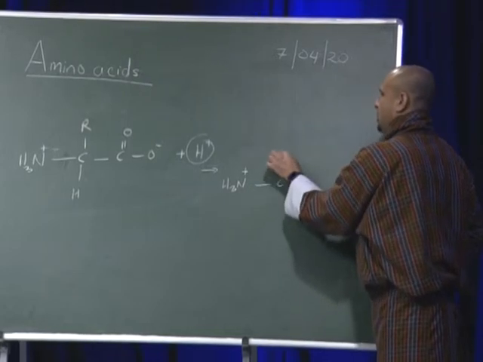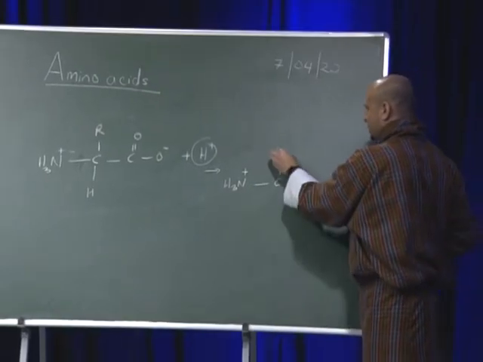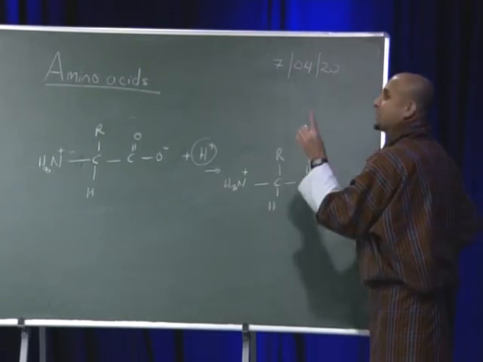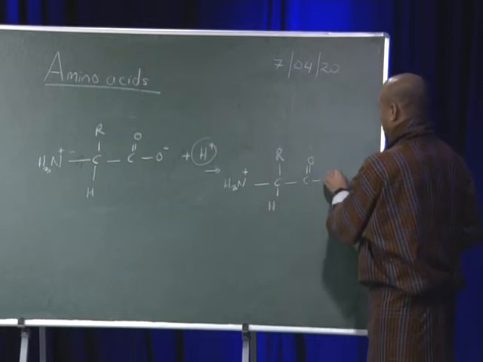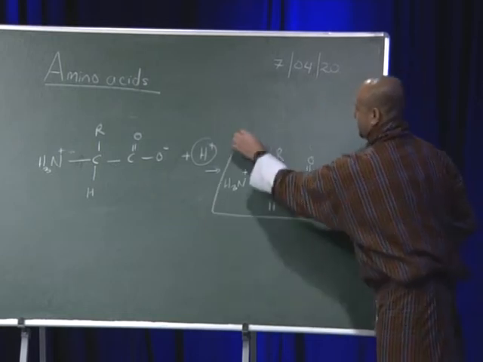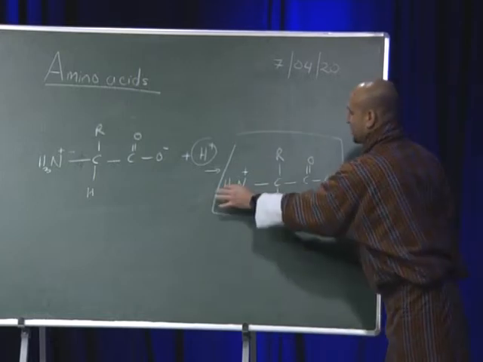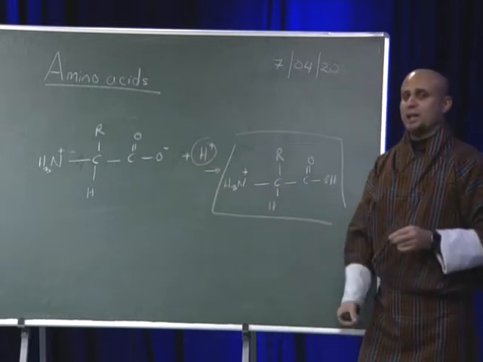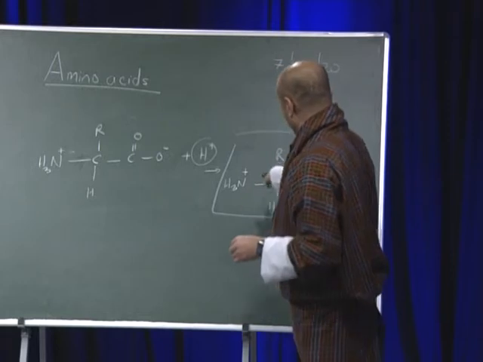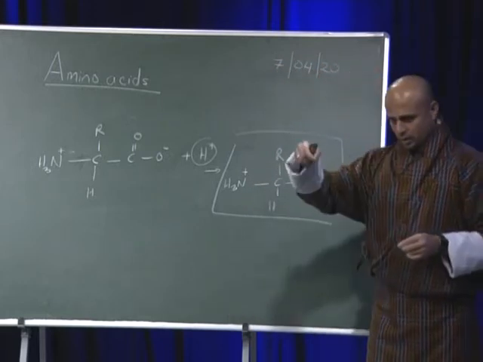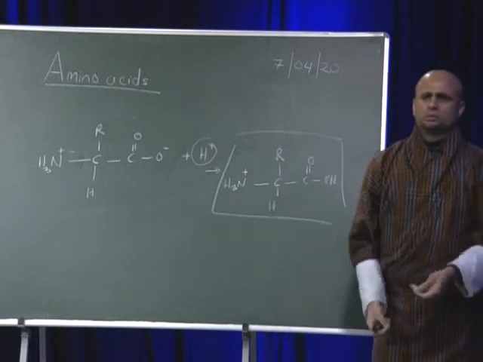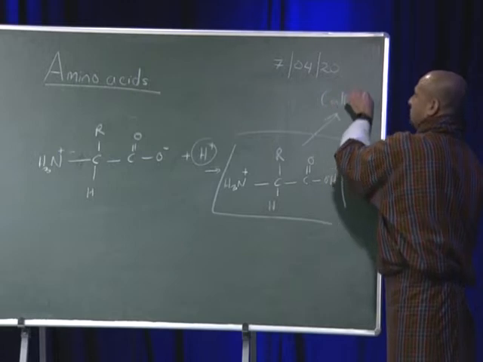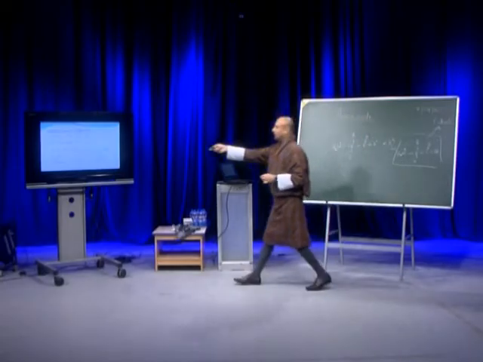Now this will be carbon, this will be the alkyl group, and this is hydrogen, and now we have the carboxyl group. The carboxylate ion gets converted into the carboxyl group, COOH. If you look at this structure overall, the charge is positive now because the negative charge has been cancelled by the positive charge. So overall this behaves as a positively charged ion. Therefore, if you place this structure in an electrolytic solution, it will always migrate towards the cathode. That's what is being explained here.